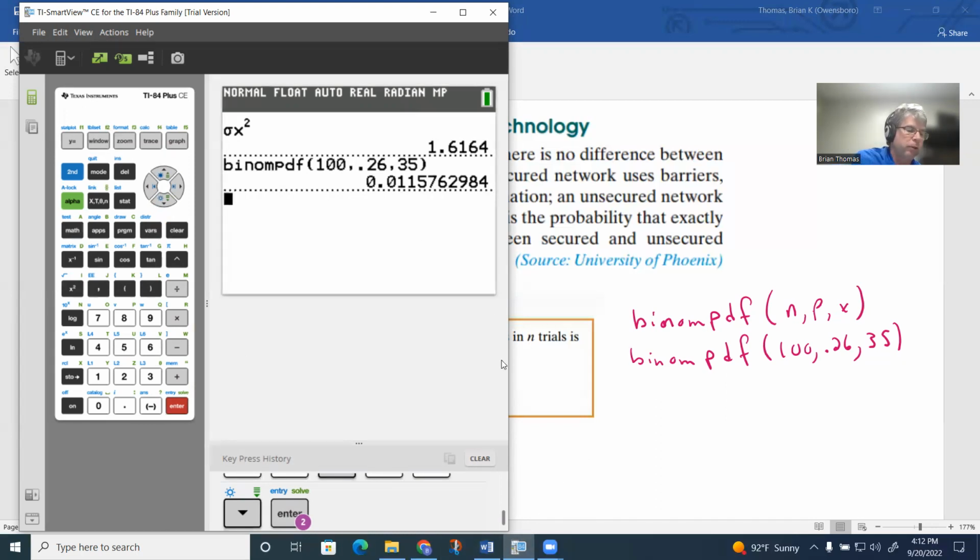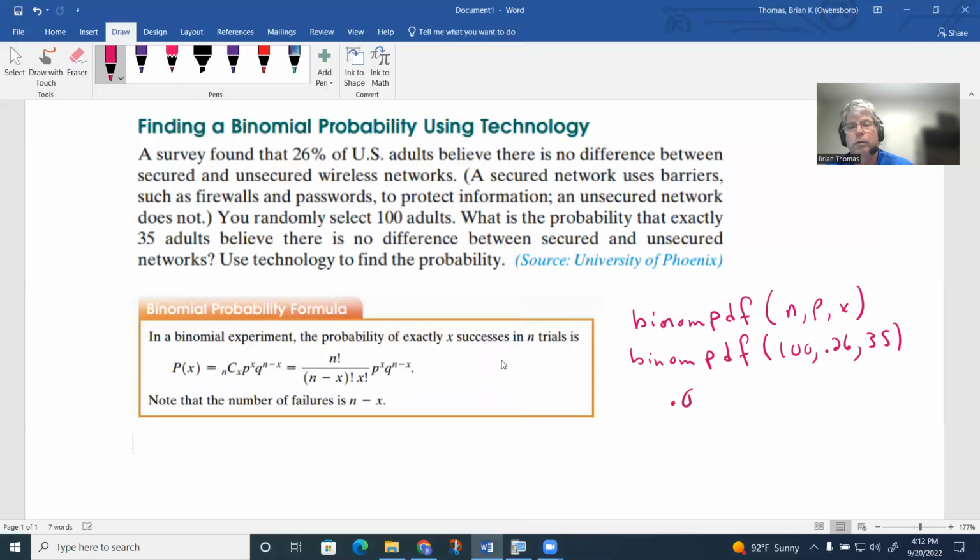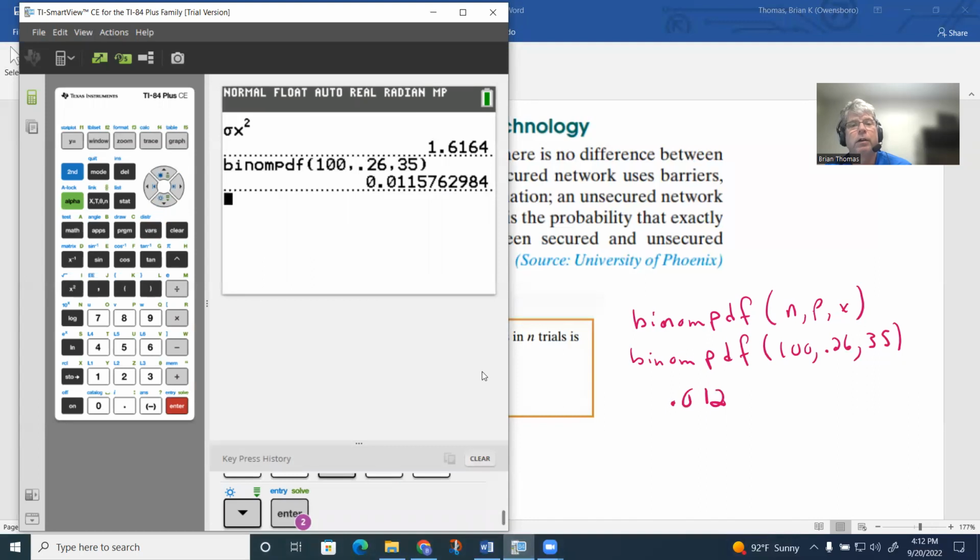So based on what I'm seeing here, we could probably round this to 0.012, I believe, if my memory serves. So yeah, if we round to the 1,000th place, that 5 would tell me to round the 1,000th place to a 2. So we can write that as 0.012. That would be our binomial distribution probability.